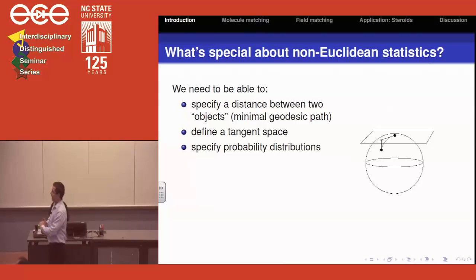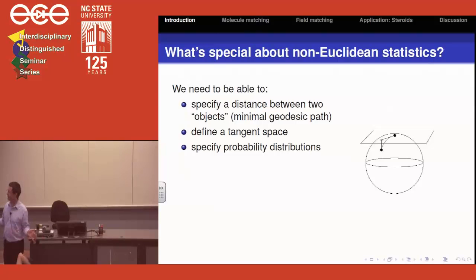Then if I have a distance, I can find how far apart things are by working out the length of the shortest path between the objects. And if I want to do something a little more practical and sophisticated, like describing the variability in my data set, or maybe even just finding the mean and then the variability, a common thing is to approximate the space with a tangent space, a flat space, and then do my analysis there as a practical simplification if I want to.